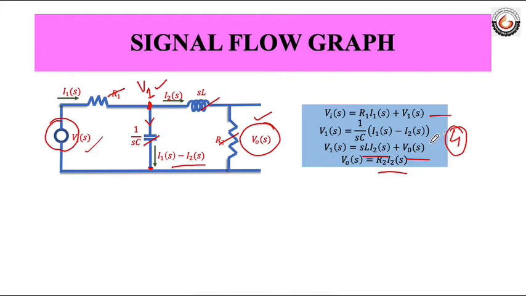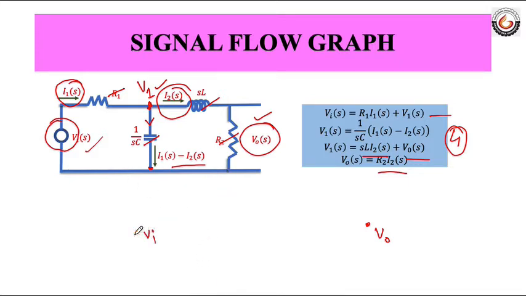Now while drawing the signal flow graph, we have to go from Vi to V0. So in between, as we said, the nodes are actually the system variables. So we include all these variables as nodes: I1, I2, and so the easiest way to do it is to put them in the order in which they appear in the series circuit.